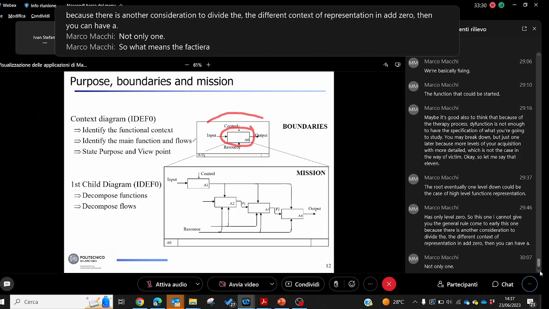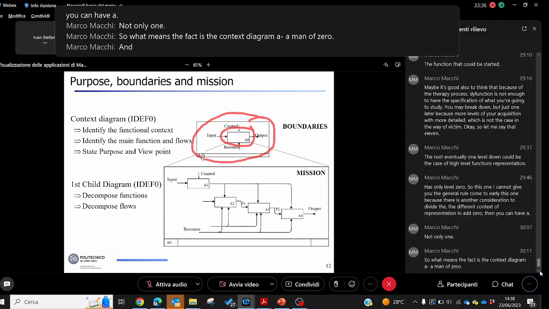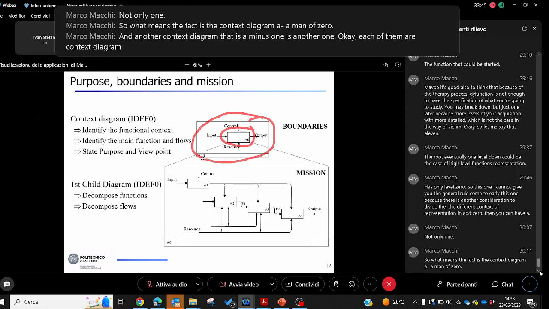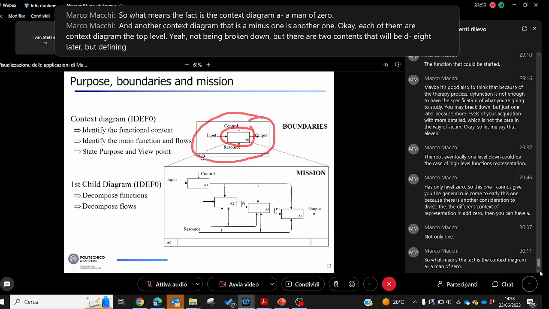You have a context diagram A-0 that has a name, and another context diagram A-1 with another name. Each of them is a context diagram, the top level. They are not broken down, but they are two contexts that will be detailed later. By defining more than one context diagram, you're fixing the boundaries.